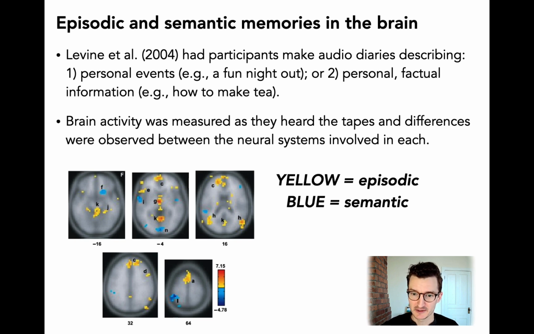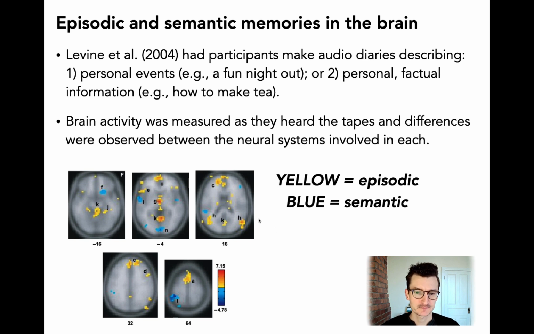Use the subtraction method: you take brain activity associated with listening to an episodic memory versus a semantic memory, and you subtract one from the other. See if there's anything left over. Yes, there is. And so what this suggests is that these two types of memories rely on different parts of the brain, different neural systems.